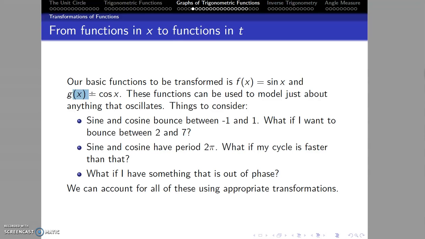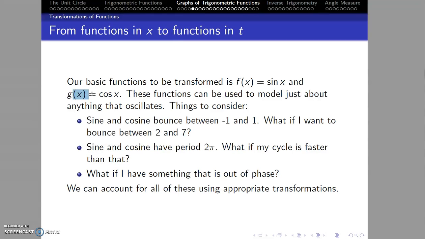So I want our independent variable, instead of being t, to start being x. The reason being, that is the general way people deal with functions in pre-calculus and calculus for that matter. Our independent variable historically tends to be x.